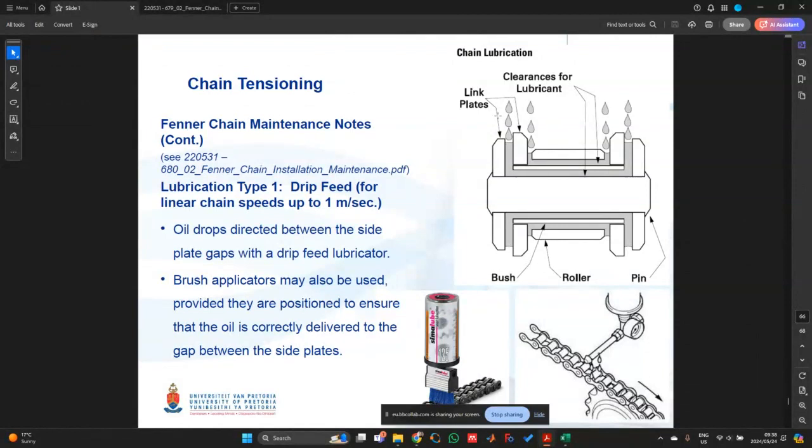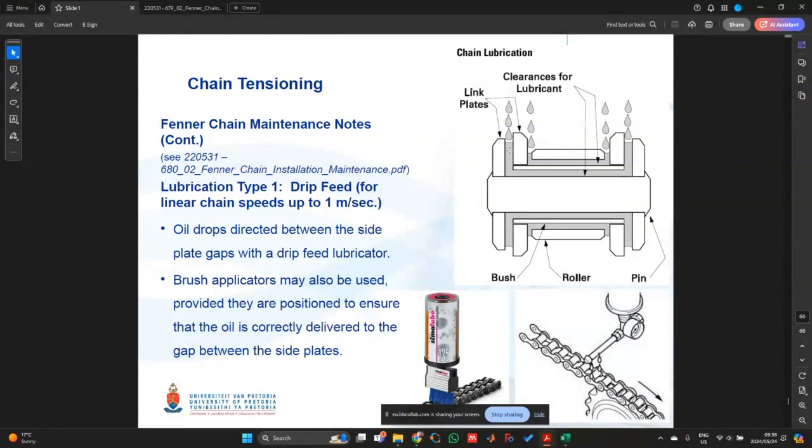What I spoke about earlier, these side plates that we refer to, these link plates: you have some sort of an outer plate sitting over here, and next to that you have a second inner plate. Between them there's a bit of a clearance. You'll see over here it shows these droplets of lubricant that you can apply into these clearances.